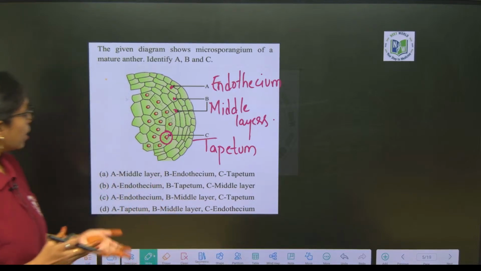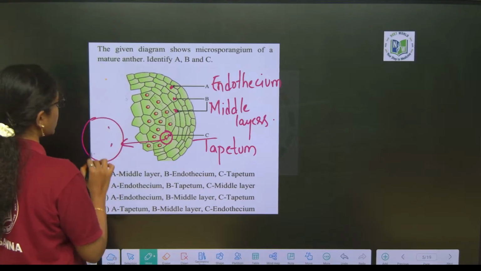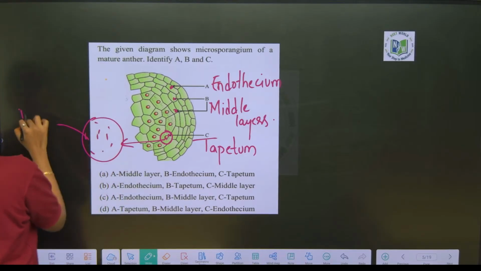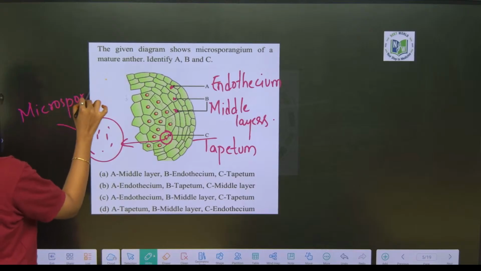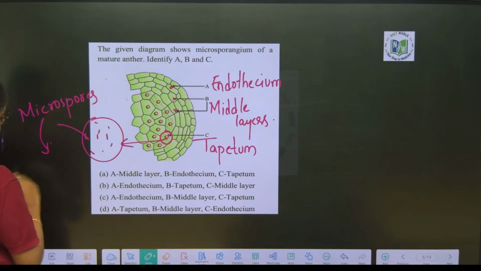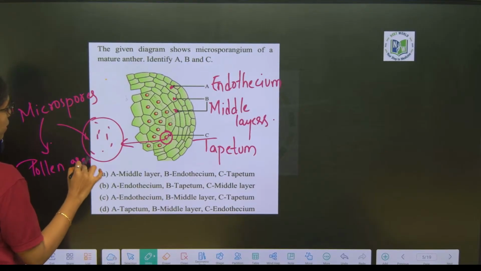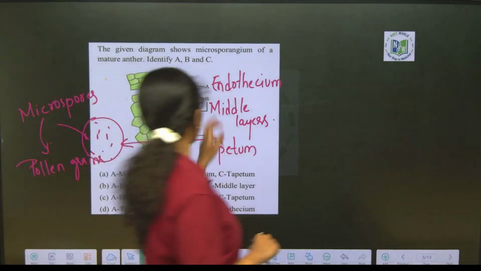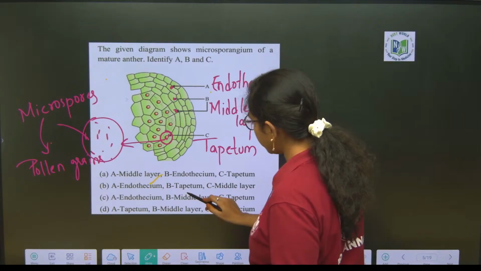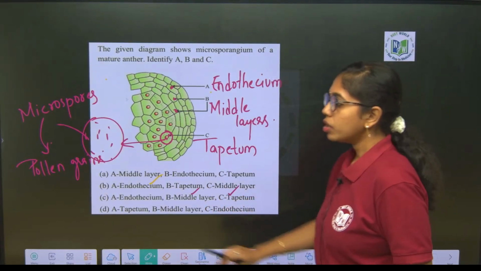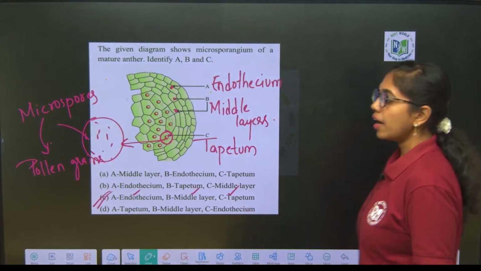The microspores derive nutrition from the tapetum, and they will mature into pollen grains. So here, A is endothecium, B is middle layers and C is tapetum. So option C will be the right answer.